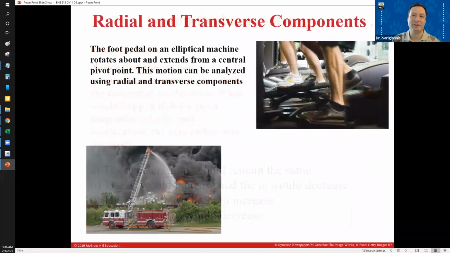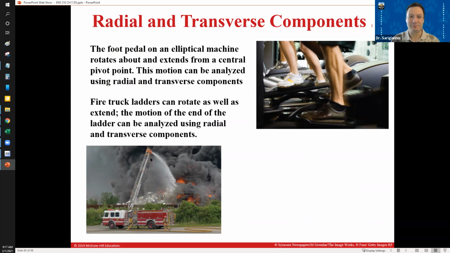All right, let's see. Oh yeah, this is fun. Have you ever seen the weird way an elliptical machine works? How it sort of rotates, or just like this fire hose, right? Fire truck ladders, right? They can rotate about a point. They can rotate around, right?